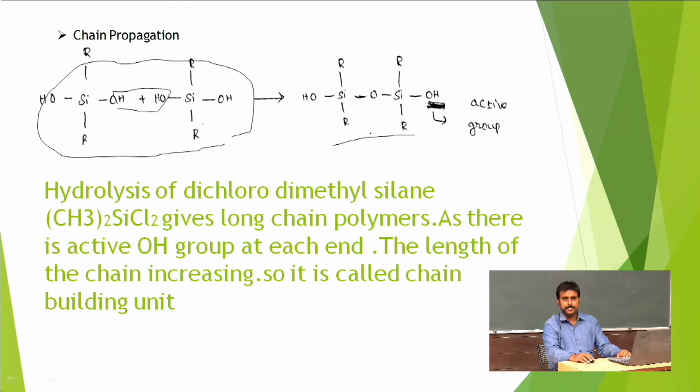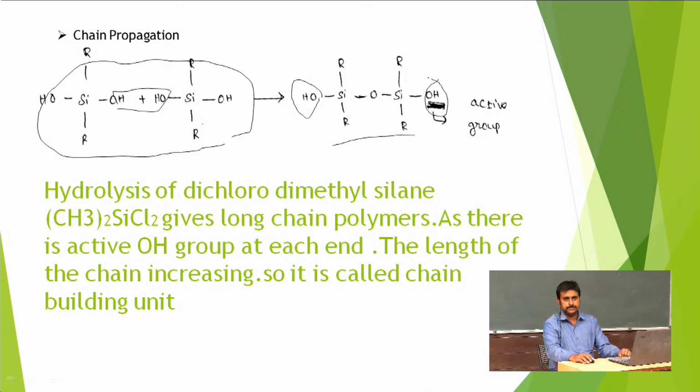This is a dimer. Now in this new compound we have two active sites, this one with a hydroxide group and another here with a hydroxide group. So as long as we have a hydroxide group in the molecule, we can increase the length of this particular chain.